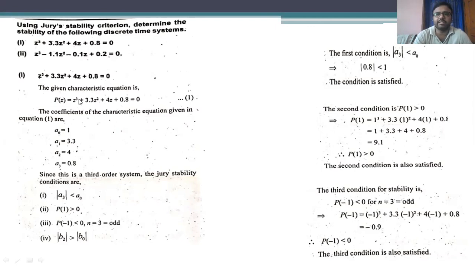But in some of the textbooks, they take a naught as 1, a1 as 3.3, a2 as 4, and a3 as 0.8. In some of the textbooks, they have taken this particular order, so don't get confused about these orders.